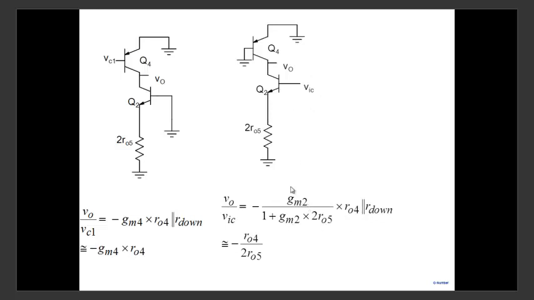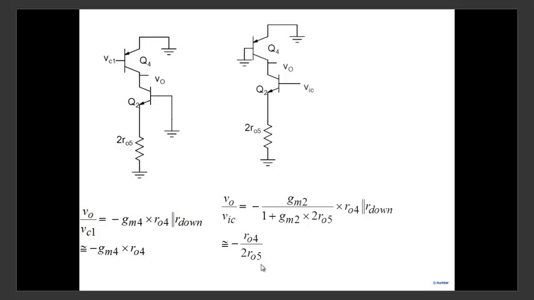RE is 2R05, multiplied by the net resistance at this particular node. The net resistance is R04 parallel R down, and since R down is very large, it's R04. So the net V0 by VIC comes out to be minus R04 by 2R05.